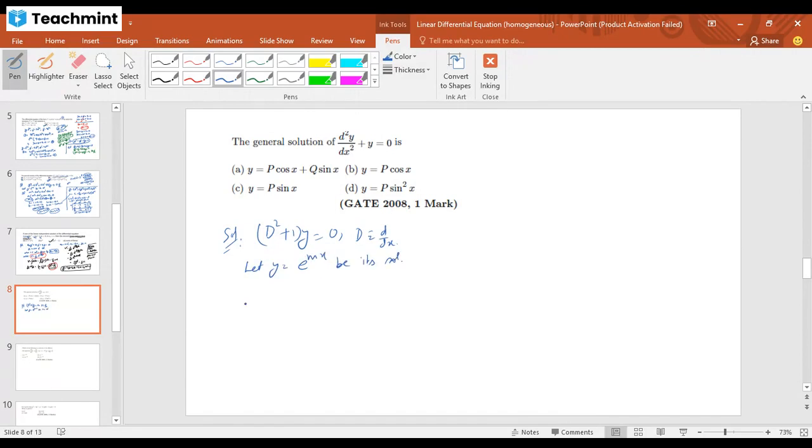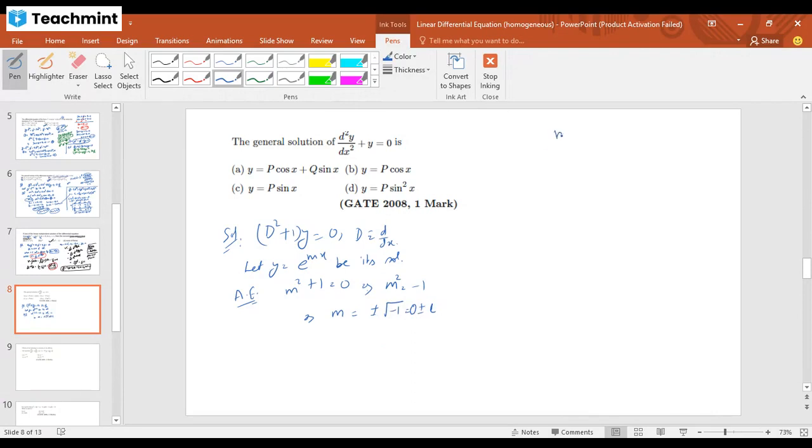So its auxiliary equation is given by m square plus 1 equal to 0. So m square equals minus 1. The square of a number is negative, which means it is a complex number. So m equals plus minus square root of minus 1, that is plus minus i. So here the real part is 0 and the imaginary part is 1.